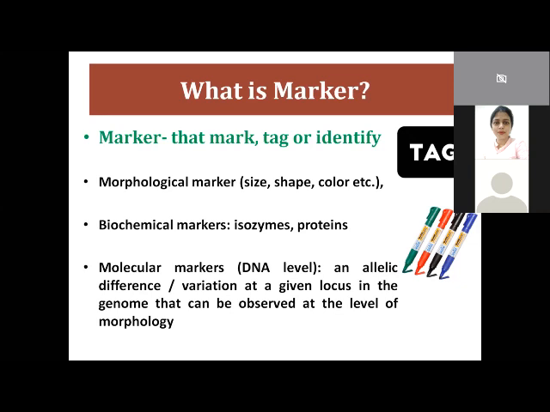Is it clear to everyone? Because that color tags a particular individual, yes, this one is not in uniform. Or suppose I have written a 10 base long DNA sequence, AACTGGCAC and so on.